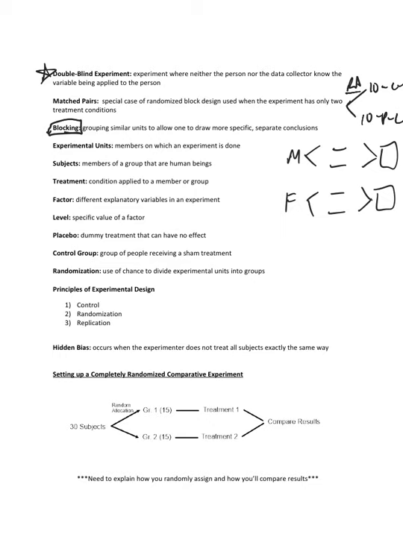But blocking is you first just intentionally separate the groups, not randomly, but then once you separate them, then you'll still randomly put the groups into subgroups. And again, we'll talk about randomization here shortly.